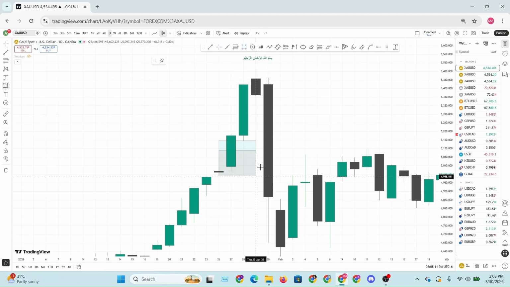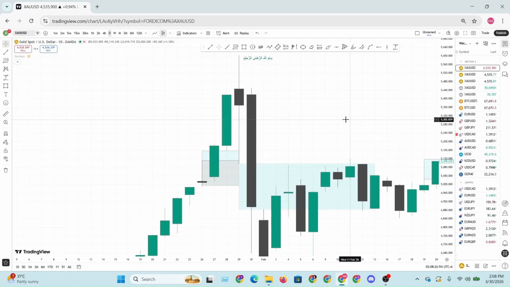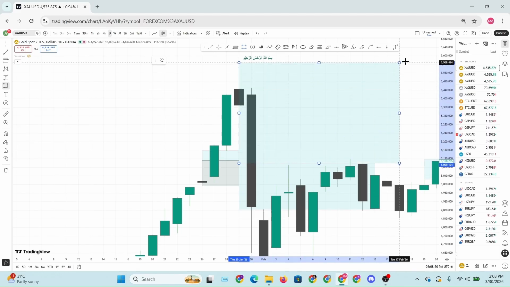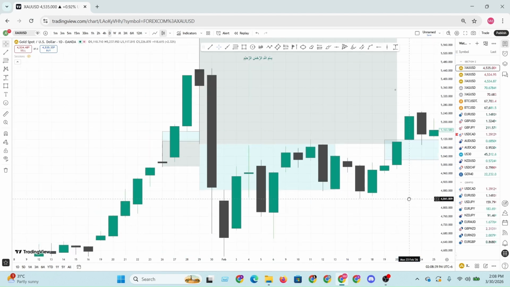See, this is the first candle, this is the second candle, this is the third candle, and the gaps between these candles are FVGs. And the first candle is called the order block. Okay, the first candle is the order block.